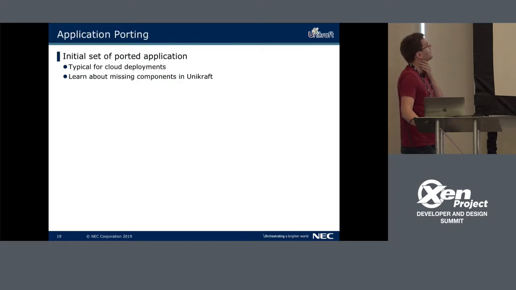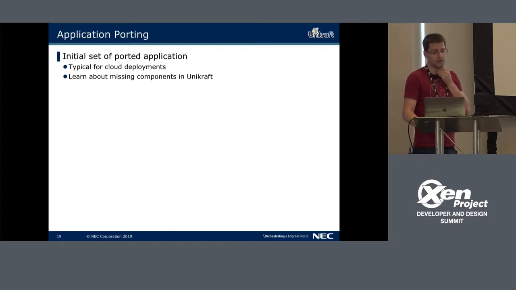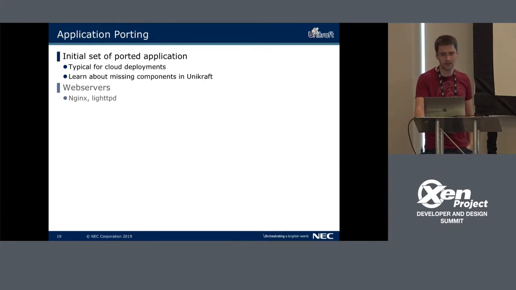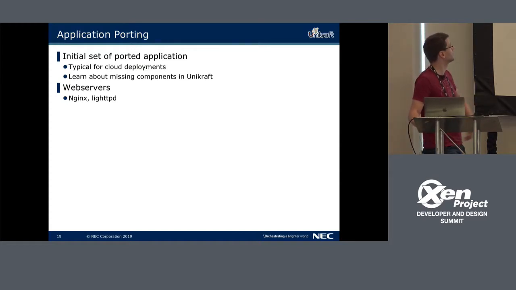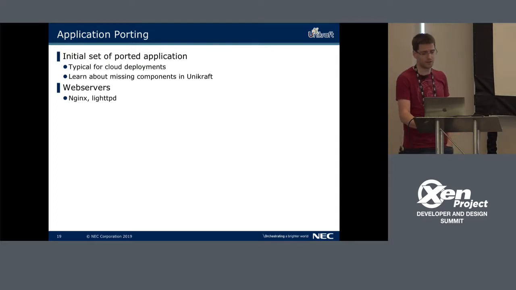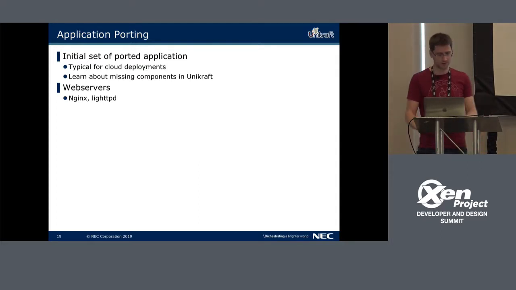Another project that we are doing is lots of application porting, also for us to understand what is needed from the OS layers, which libraries are a common set that we need. And we look here at typical cloud deployments. There we were working on web servers, I'm currently working on Nginx or Light HTTPD. We had one student that actually got Nginx running and achieves much higher requests per second than a standard Linux deployment.